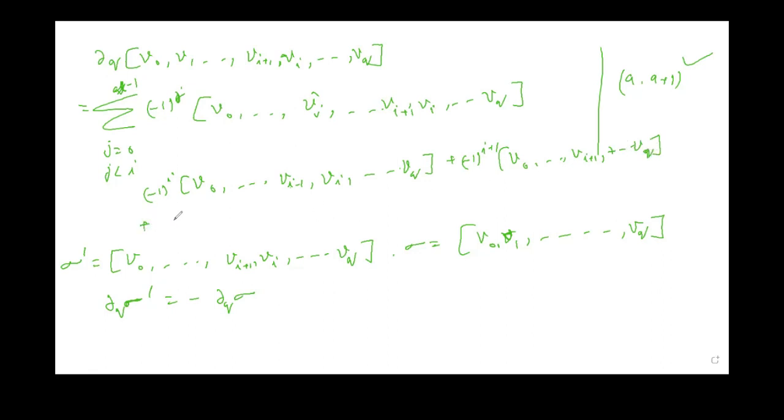Plus, then summation j equal to i plus 2 to q of minus 1 to the power j, V naught, V i plus 1, Vi, and then Vj removed, up to Vq, something like this.